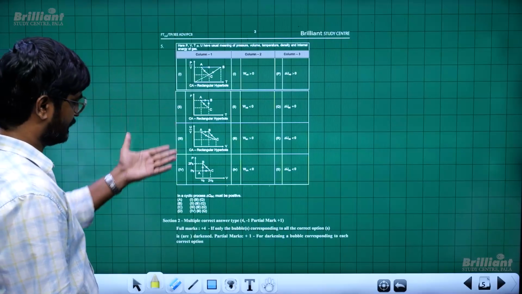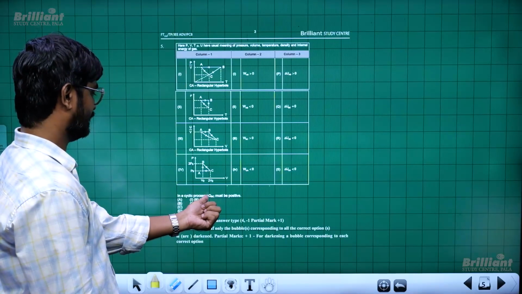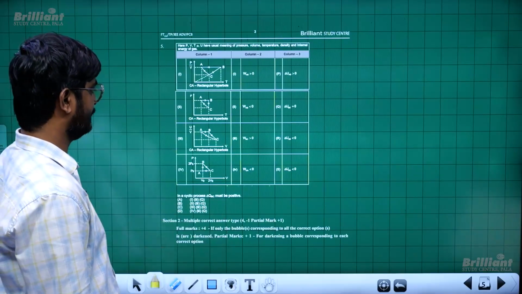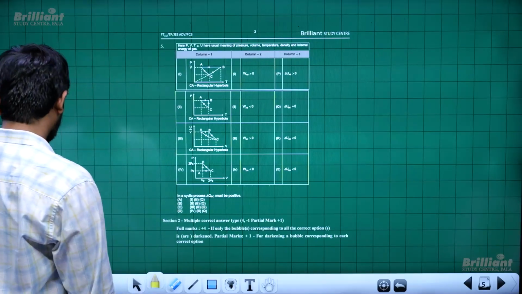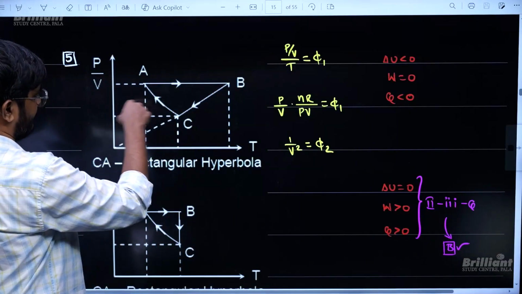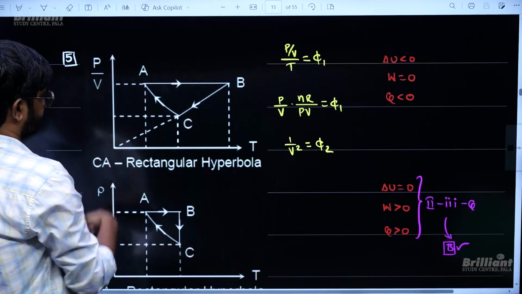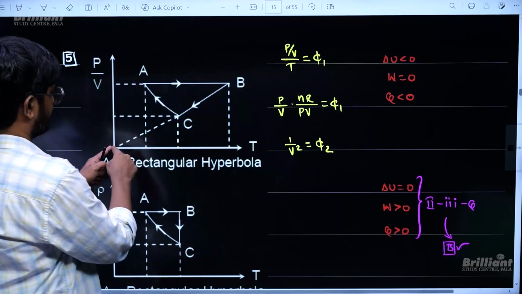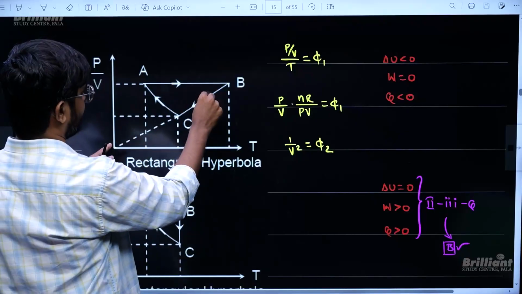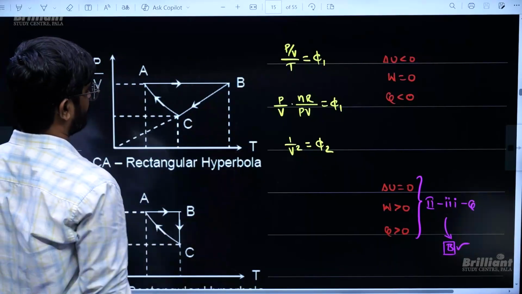Going to the next question, they have given some graphs and they were asking, in a cyclic process, delta Q for BC. For the BC process, delta Q must be positive. In the BC process, P by V versus T is passing through origin. The slope of this line, if I take any coordinate, y coordinate by x coordinate is constant.